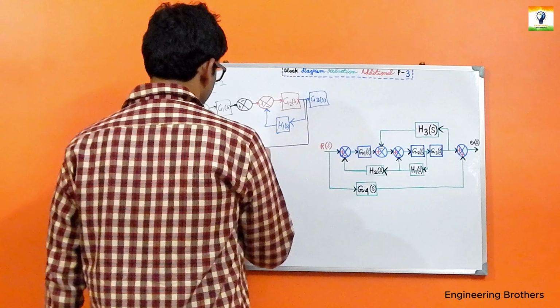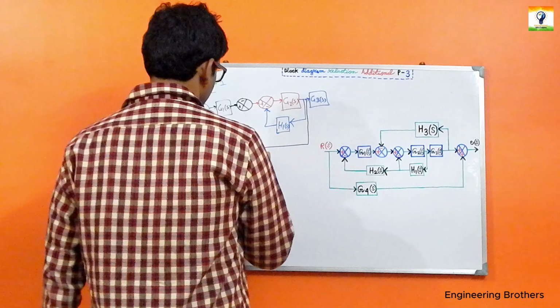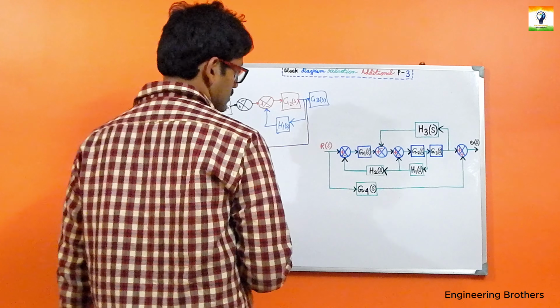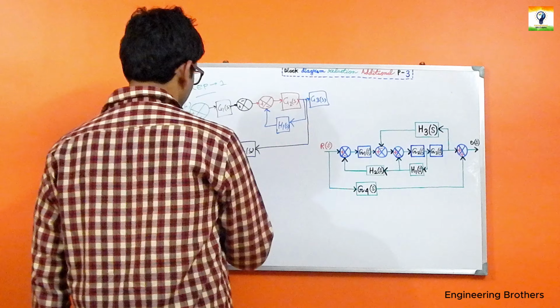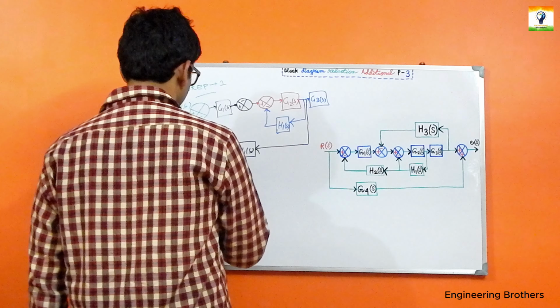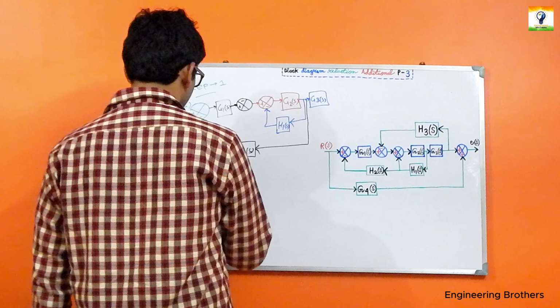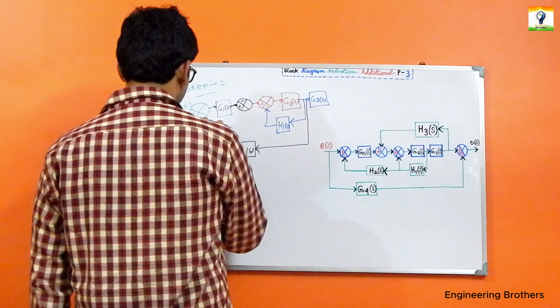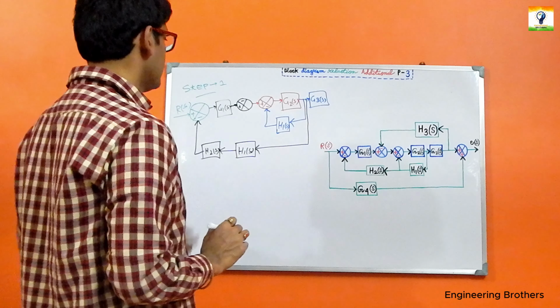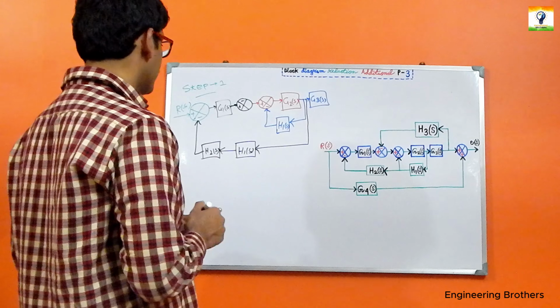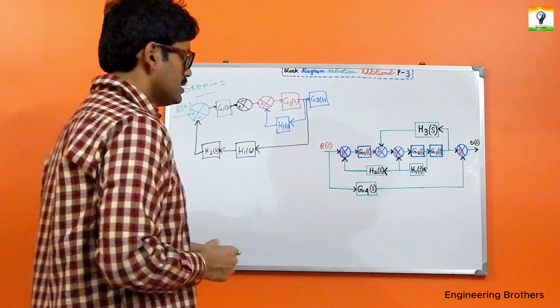Quite naturally, the block of H1(s) and the other block will be H2(s), and at the end this ends at the negative signal of the overall summing block.